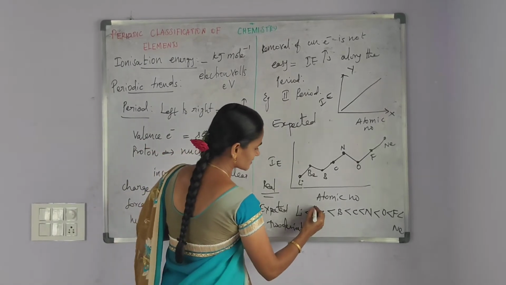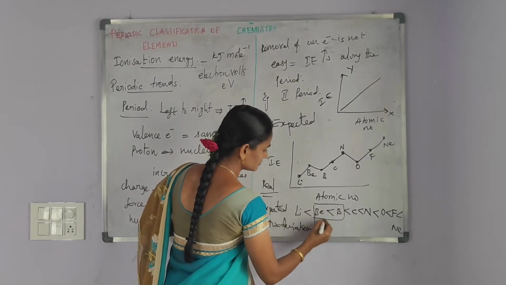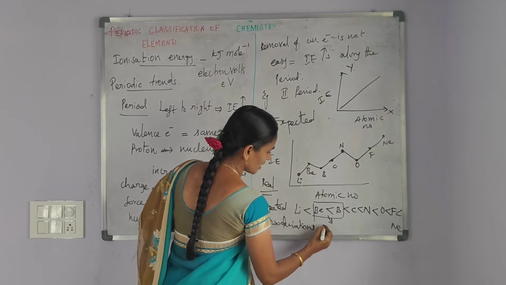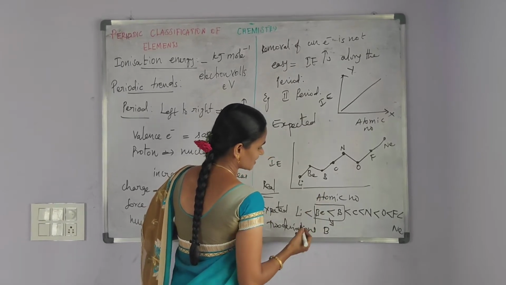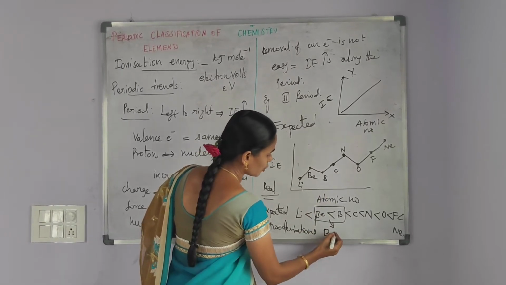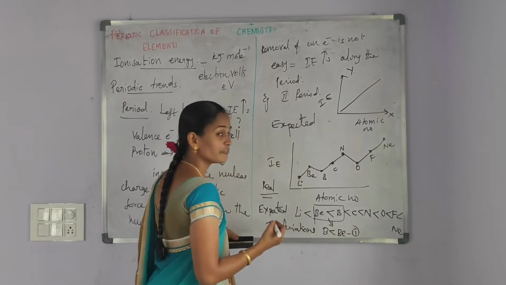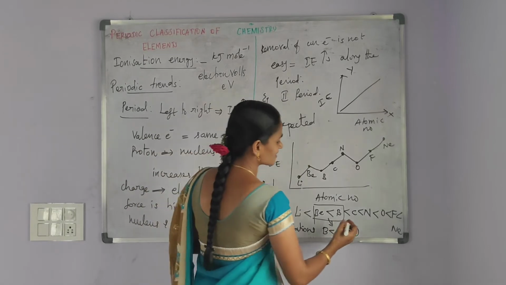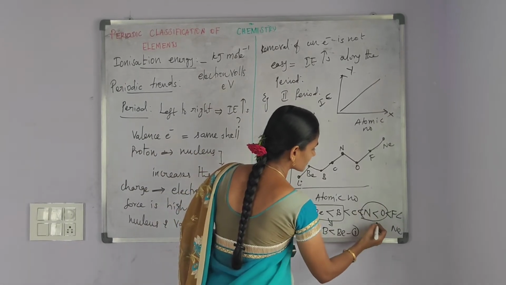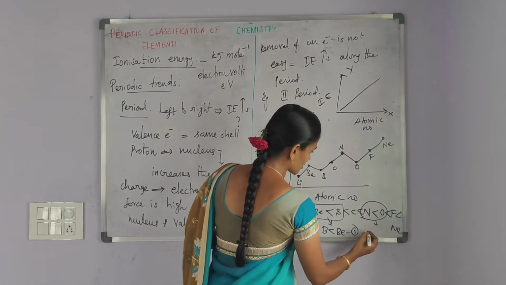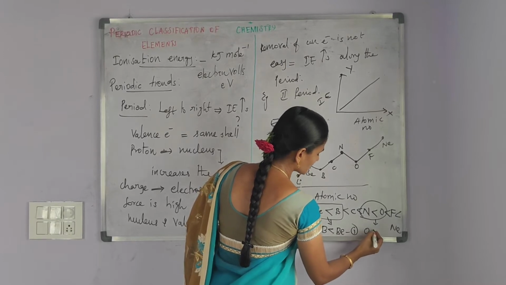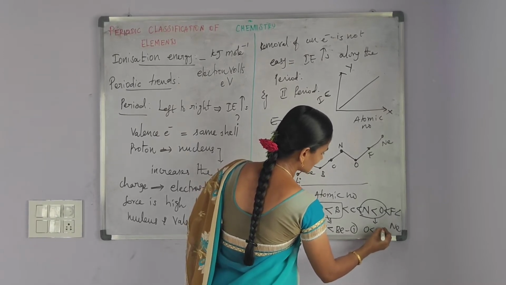The first one is the ionization energy of boron is less than beryllium. It is the first deviation. And the second one is the ionization energy of oxygen is less than nitrogen.